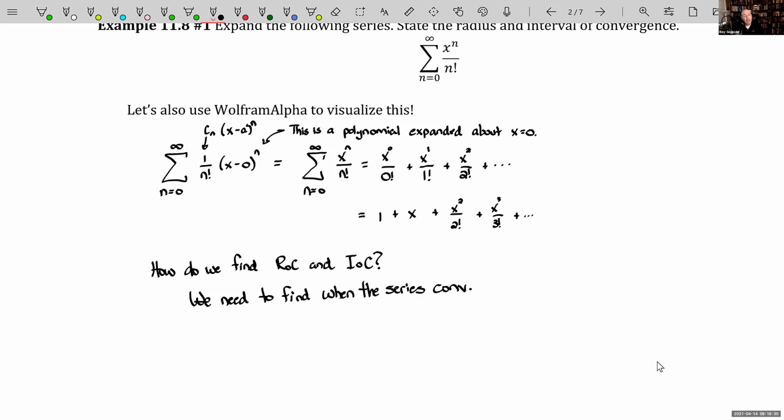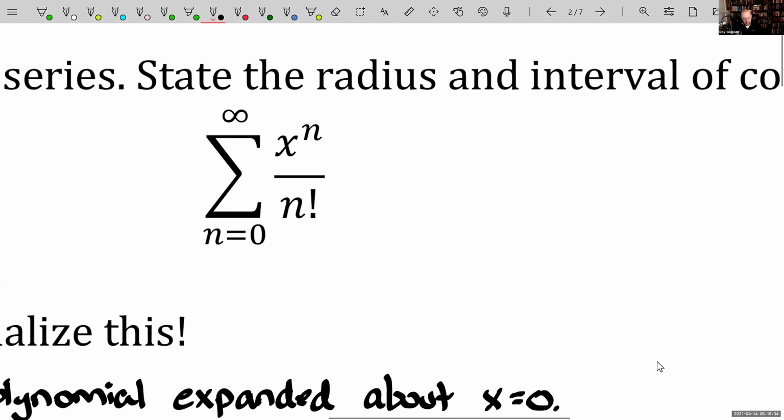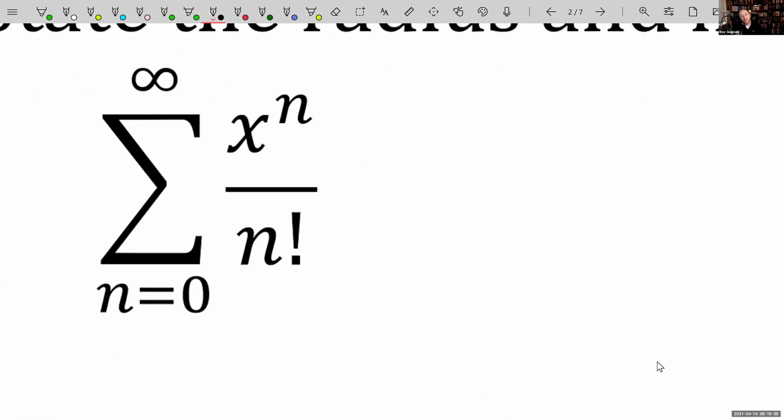And so we're going to use a test. The easiest test, now look at this. If you're looking at tests to use to determine when this converges, or quote unquote, if this converges, you're going to start throwing out tests immediately.